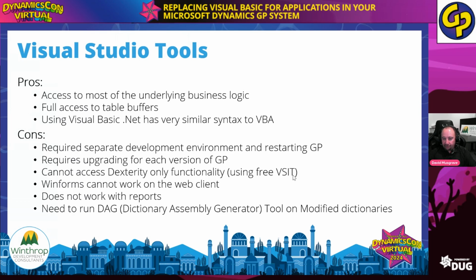However, there is a technique that you can use, using report writer functions. The other thing is that you will need to run the DAG tool, or the Dictionary Assembly Generator tool, on the modified dictionaries to create a DLL, which will allow you to reference modified windows, just modified windows, not reports.